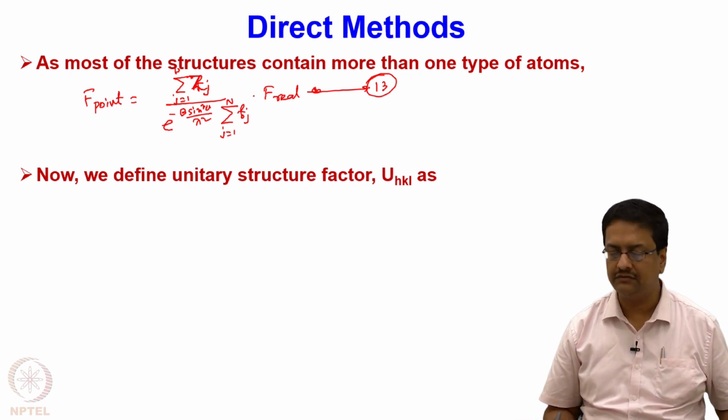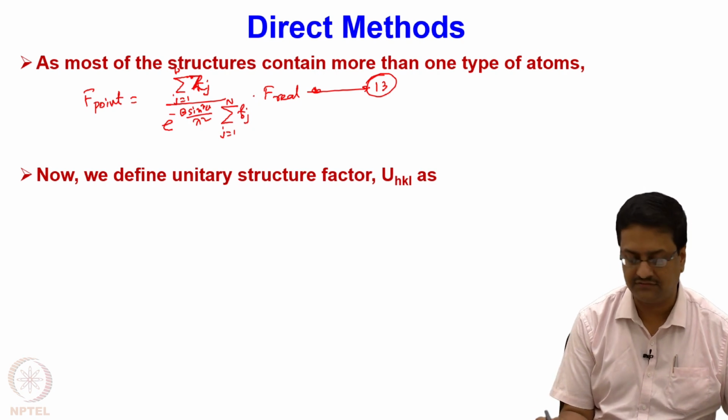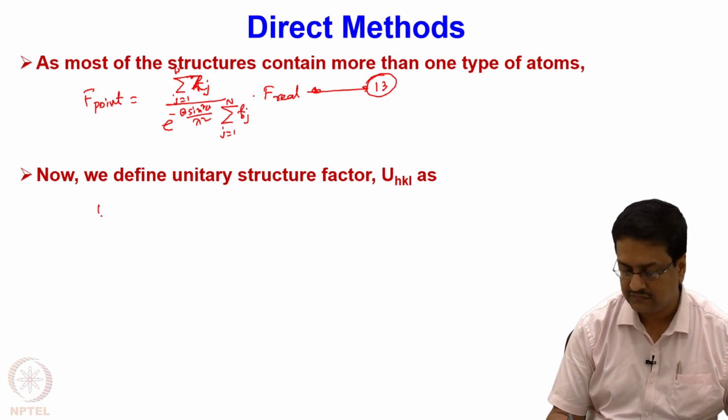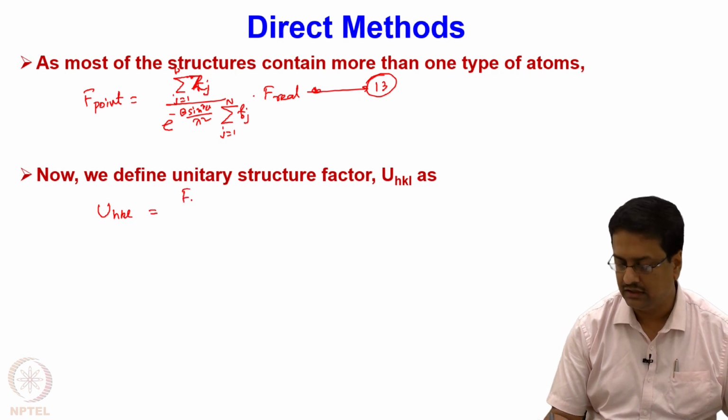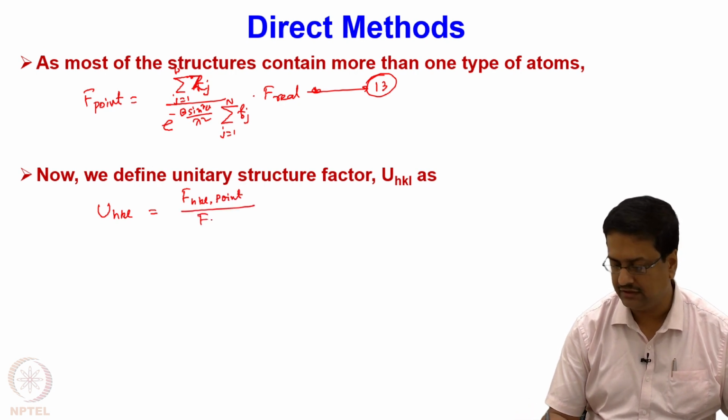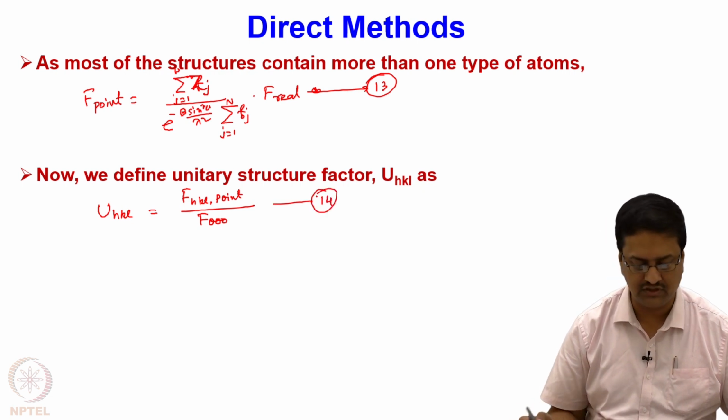So now we will define again the unitary structure factor UHKL as FHKL point divided by F000, which is equation number 40.